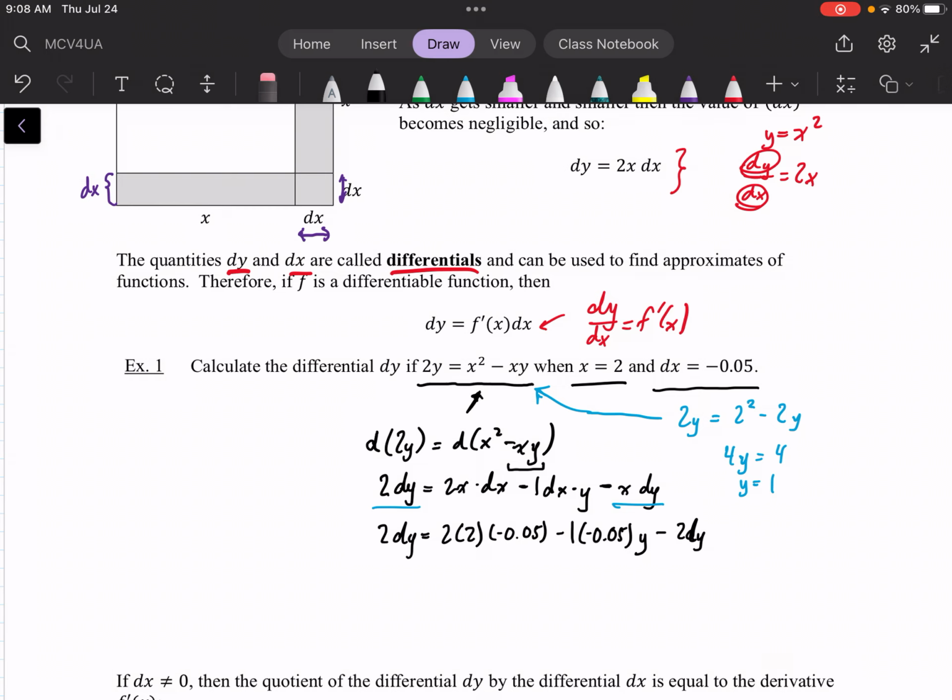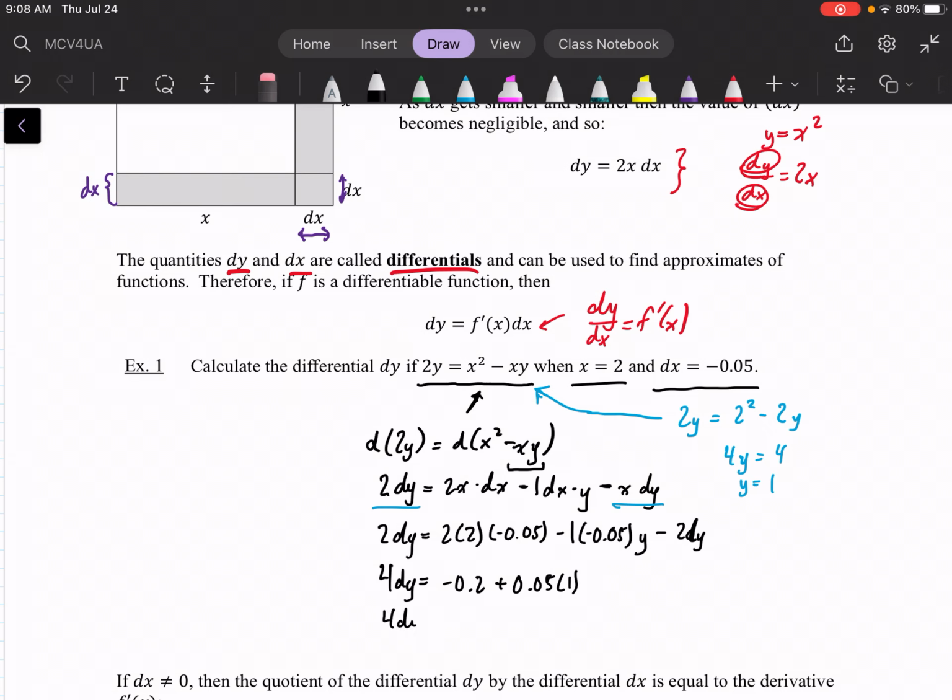Now I'm going to rearrange this, substituting some values in. So 2 times 2 is 4. 4 times 0.5 is 2, so that's negative 0.2. Negative, it's going to be plus 0.05 at the moment, times the 1.